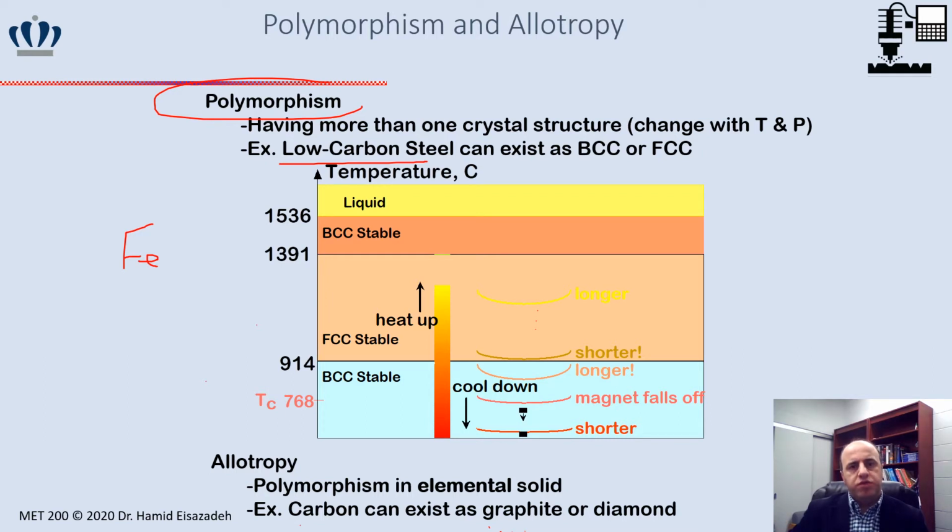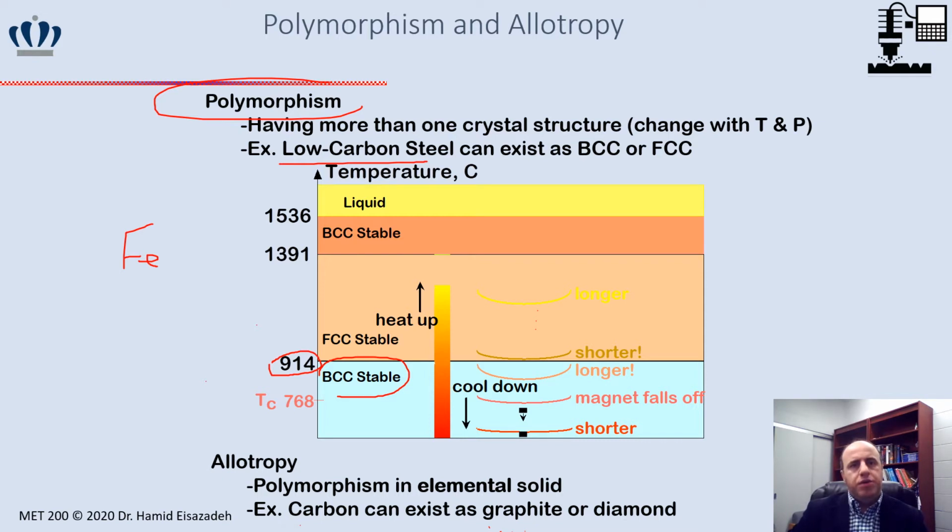From room temperature up to 900 degrees Celsius we have the BCC structure, but above this temperature, iron transforms to the FCC structure.